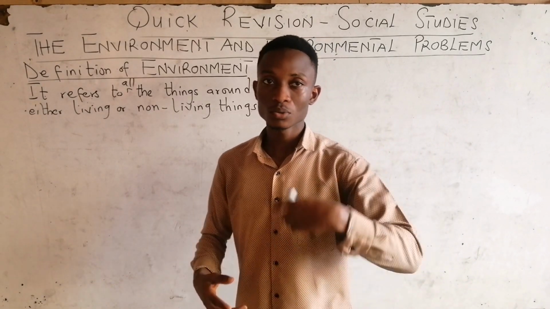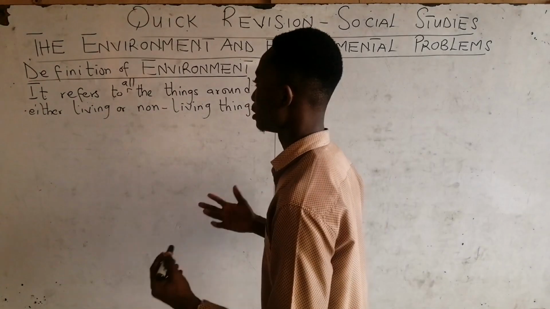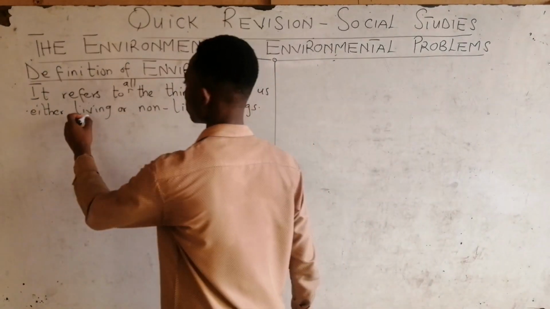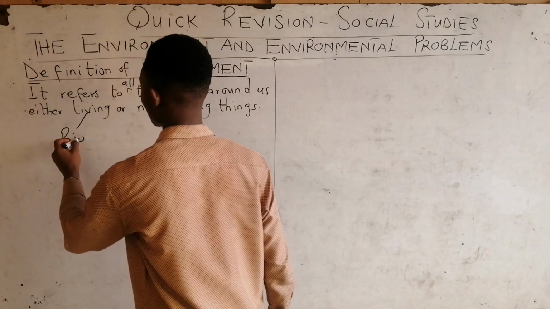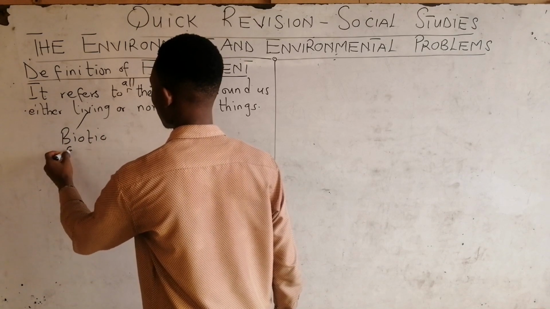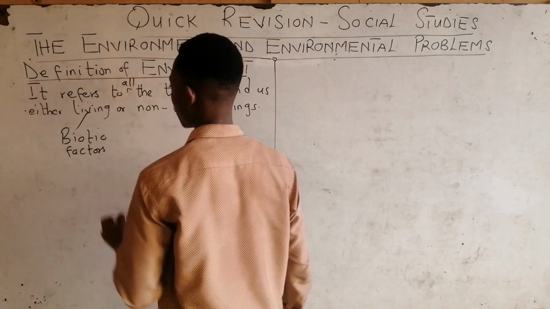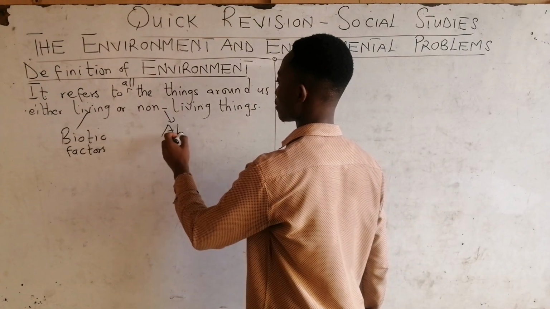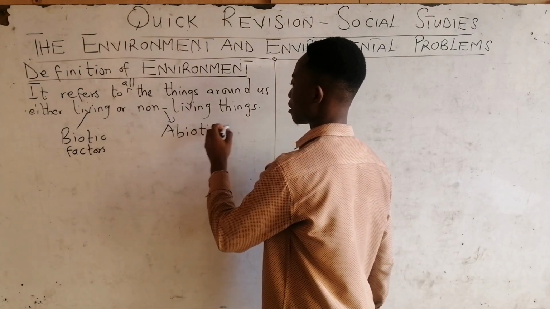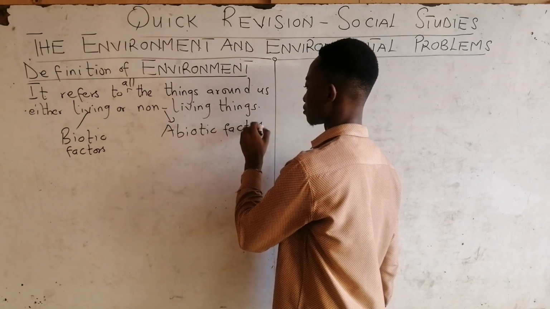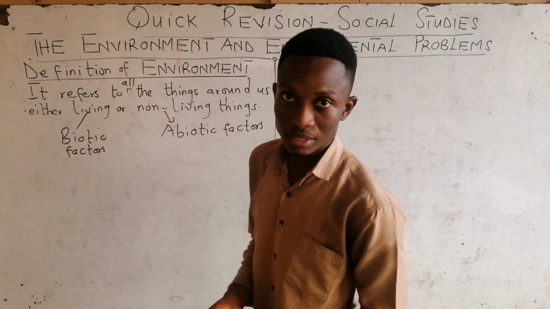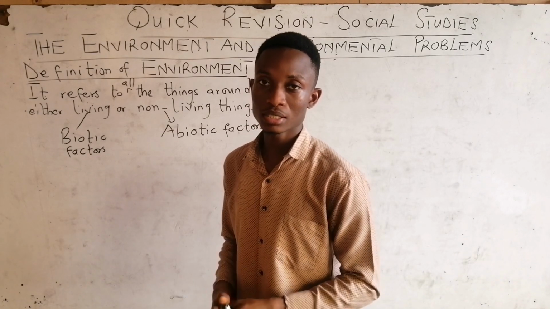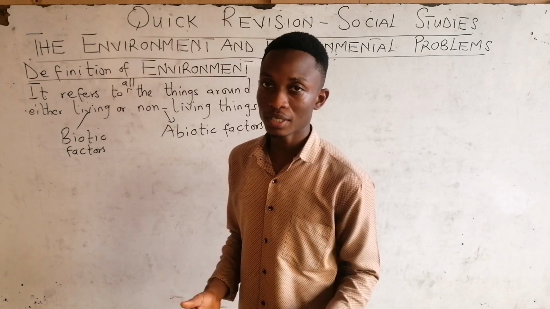In science, we further have names given to them. Living things are also known as the biotic factors, and then non-living things refers to the abiotic factors. So the living and non-living things in science, social studies has a branch of geography in it.